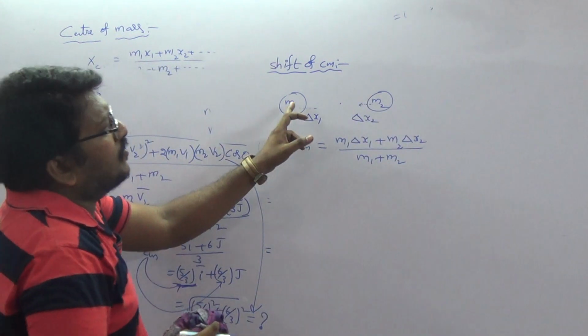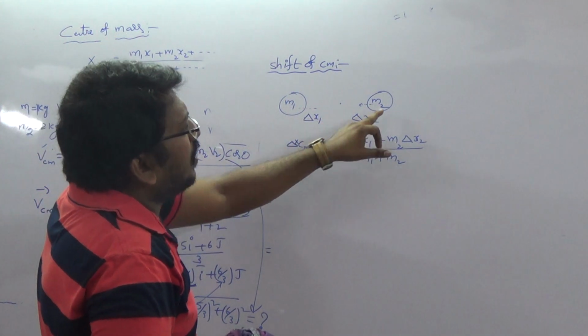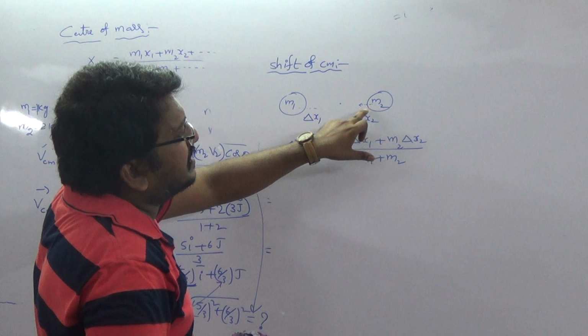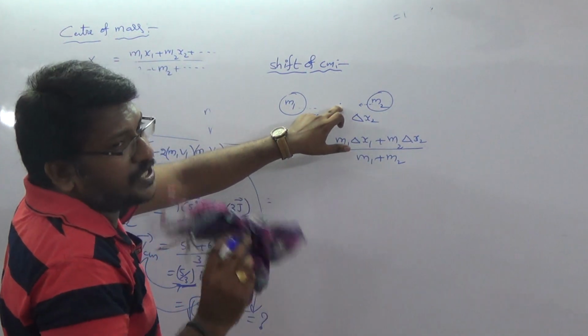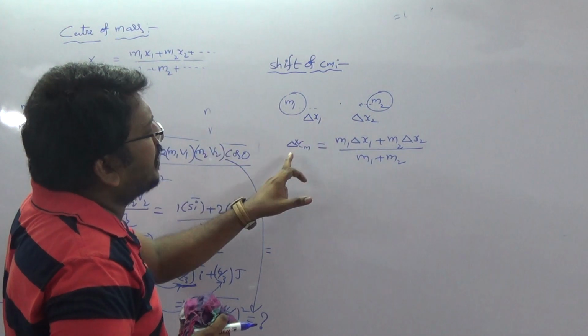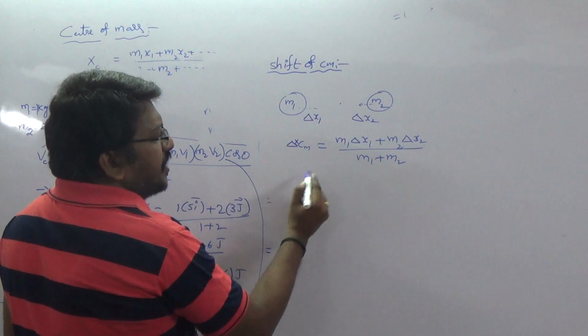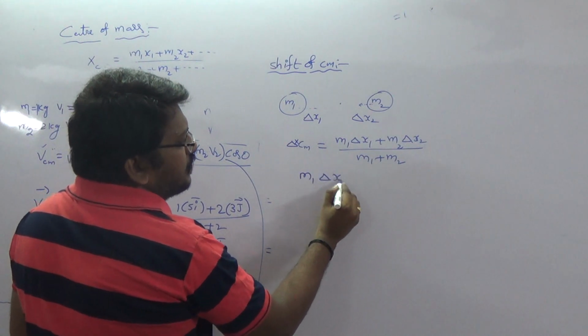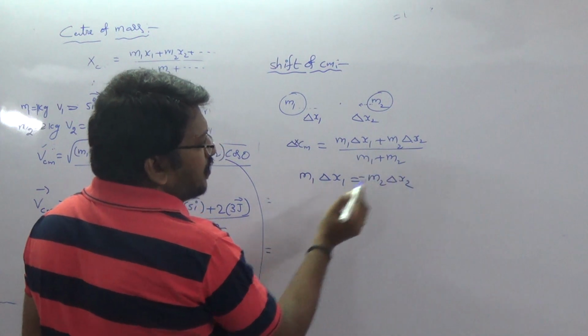As I said, when the first particle is displaced by distance delta x1, through what distance should the second particle be displaced such that the center of mass does not change its position? When its position does not change, delta x CM becomes 0. From that, you get m1 delta x1 is equal to minus m2 delta x2, in the opposite direction.